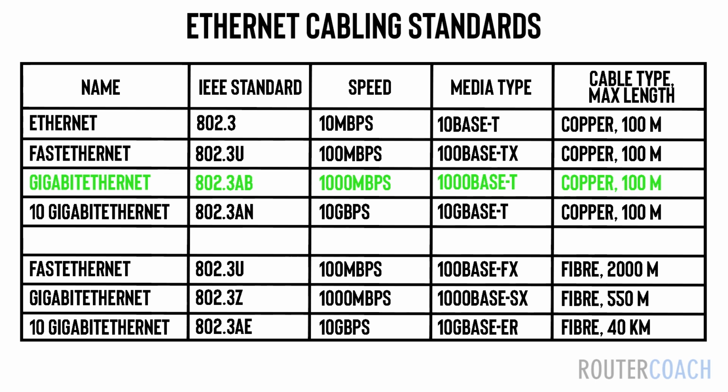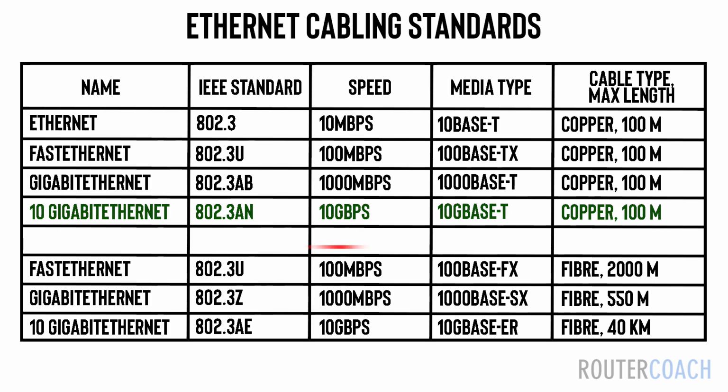It uses twisted pair copper cables and supports a maximum cable length of 100 meters. 10BASE-T. This is a 10 gigabit Ethernet standard that provides a maximum data transfer rate of 10 gigabits per second. It also uses twisted pair copper cables and supports a maximum cable length of 100 meters.